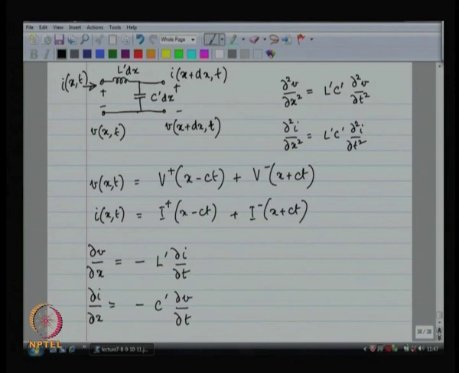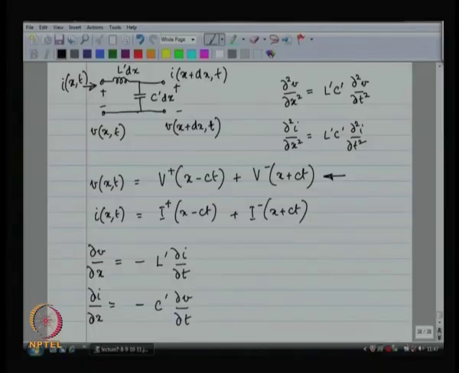So, these two relationships need to be added into my expressions for V and I, and dou V by dou x, if I look at this as my solution for V, dou V by dou x is going to become equal to the derivative of V plus, the derivative of V minus, right.